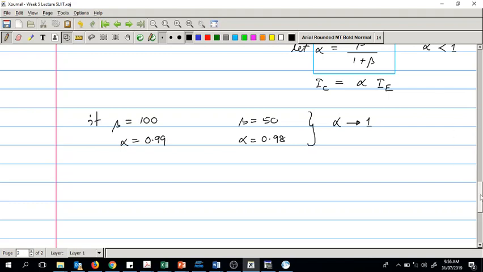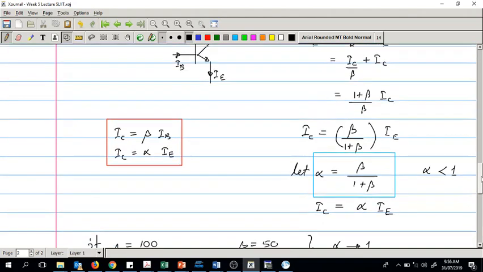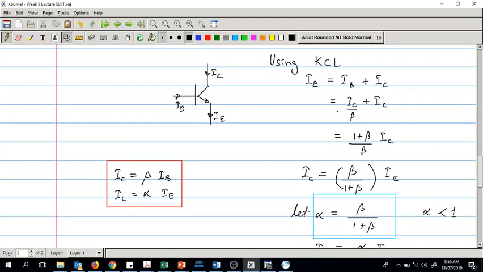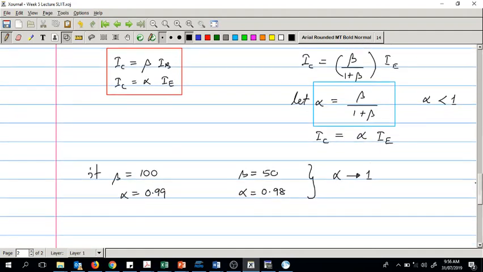Now because of that, IC is equal to alpha IE, and alpha is very close to 1, meaning that IC is approximately equal to IE. So you may do that approximation when you don't want to play with the beta. But I would recommend not doing the approximation when beta is available.